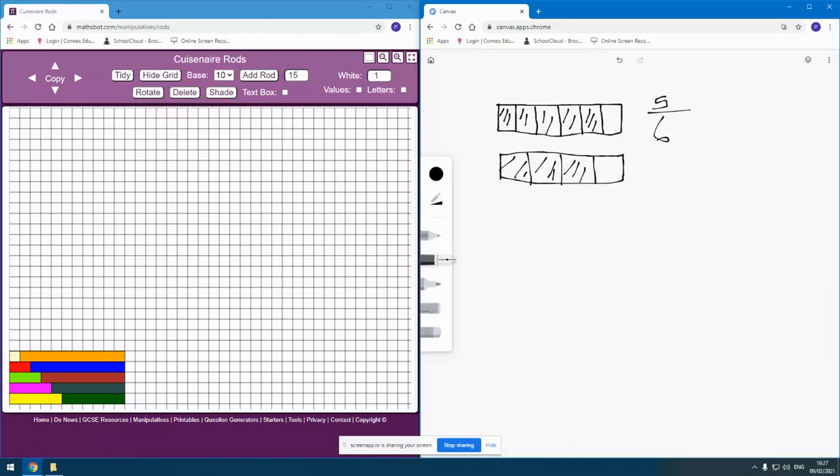I think it's easy to see where the misconception comes from that if I add this to that, I will get 8/10. Because I have 5 shaded pieces here and 3 shaded pieces here, so that's 8 shaded pieces altogether, and I have 6 pieces altogether here, and I have 4 pieces altogether here, so that's 10 pieces altogether.